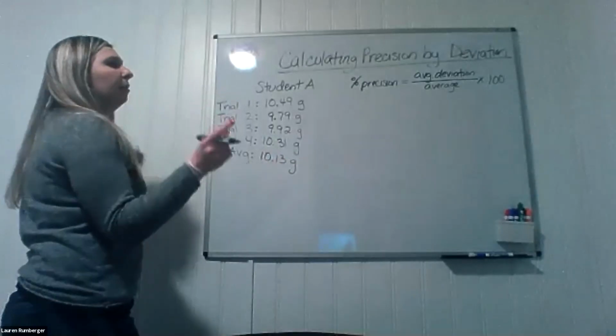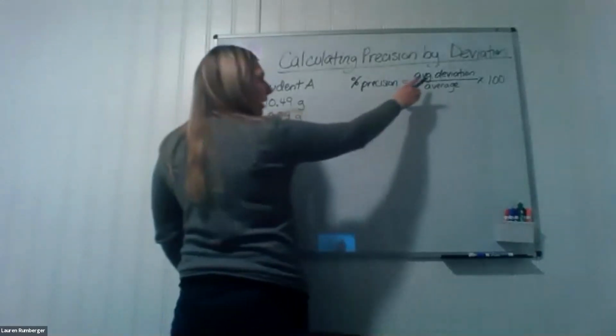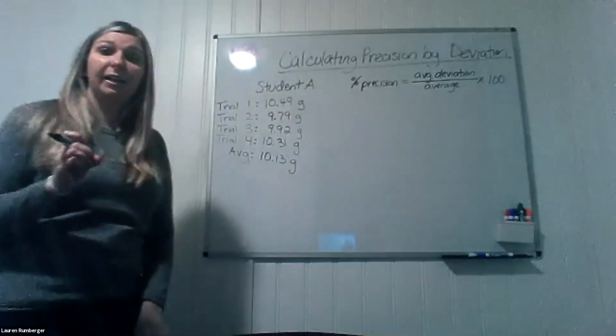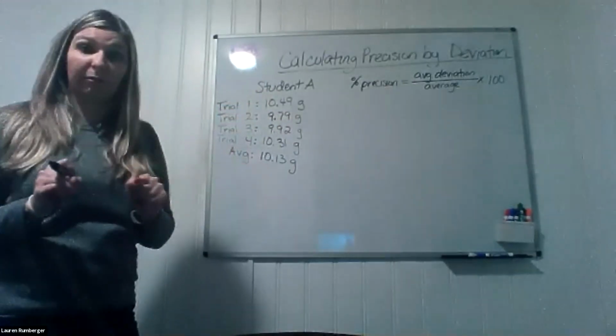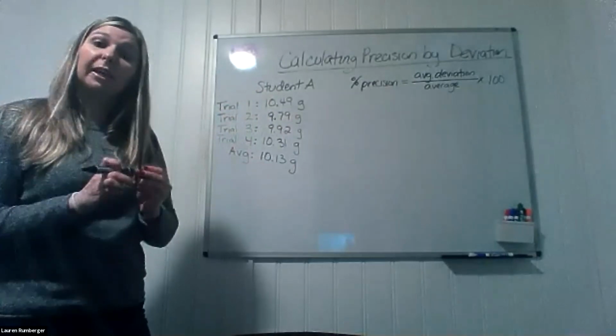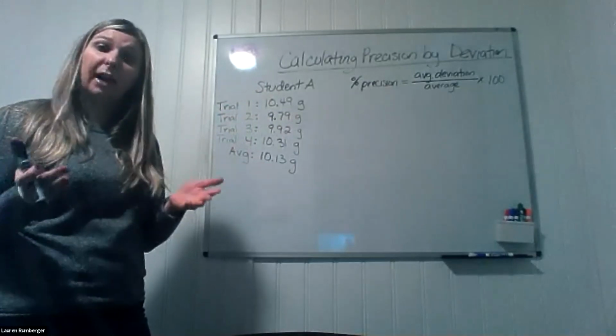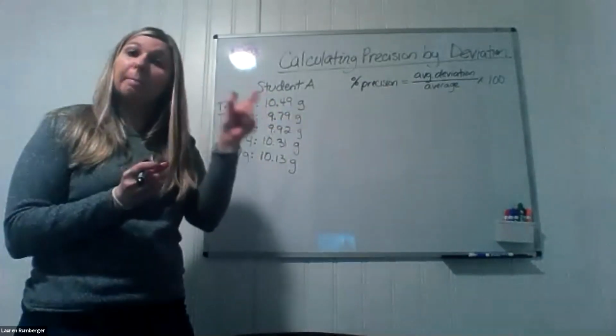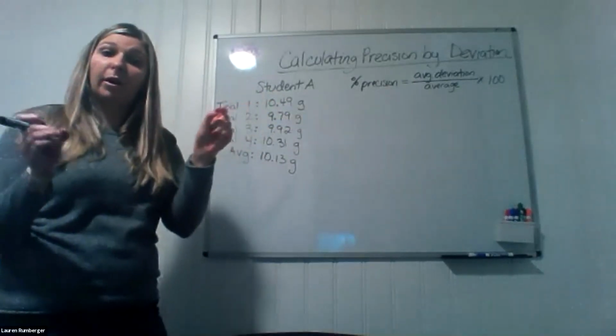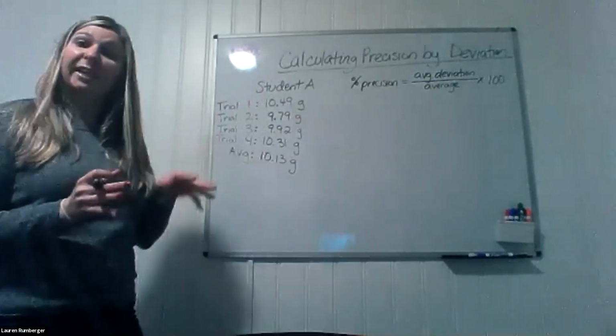So to begin with determining the average deviation, we first need to find out the deviation of each trial from the average. Deviation from the average is going to be a subtraction. How far away does your measurement deviate from the average?